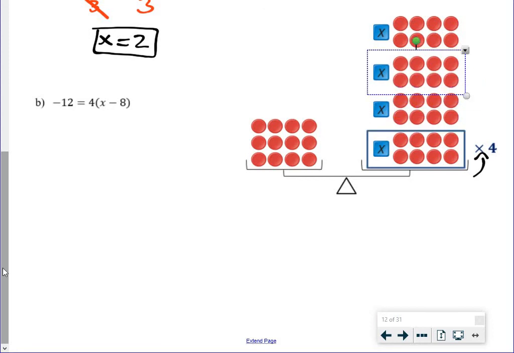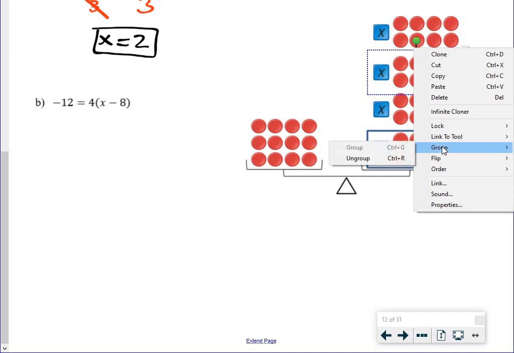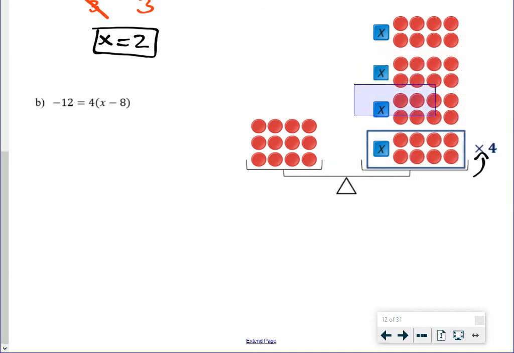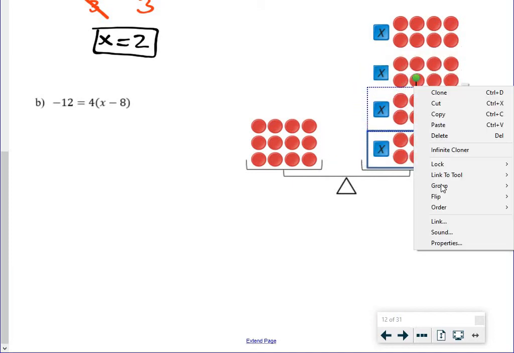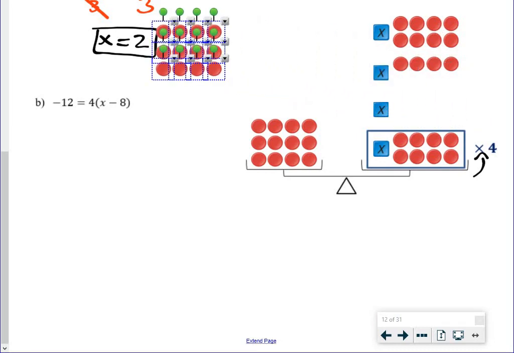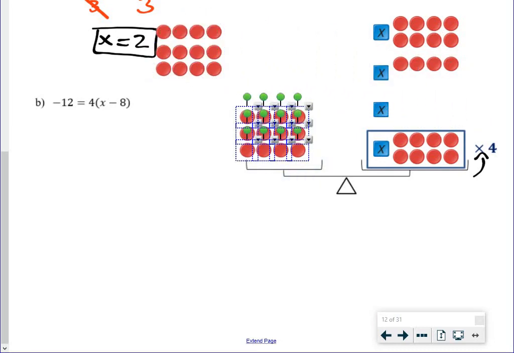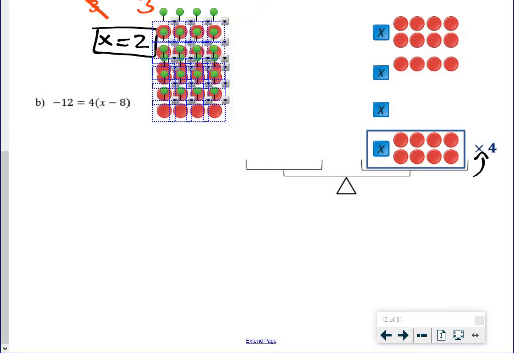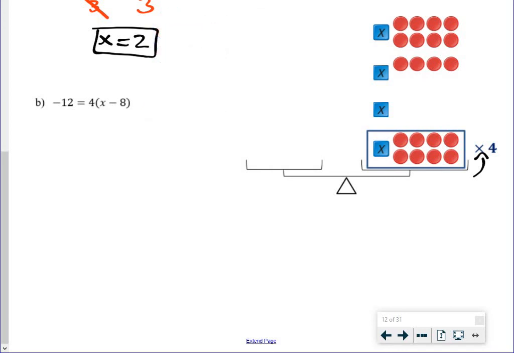Okay, I guess I gotta try that. Okay, so I've got 1, 2, 3, 4, 5, 6, 7, 8. We got 12 on the right, or sorry, the left, and then, so if I remove 12 from both sides, I'll just do that and that. So just clear those out of the way.